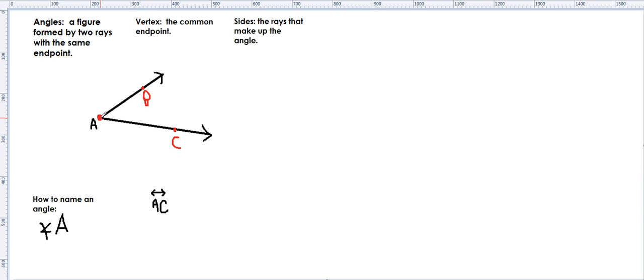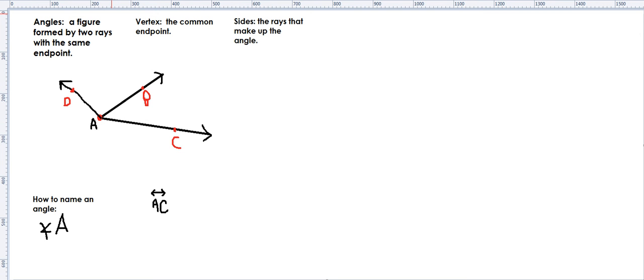But sometimes, let's say I have another ray coming out. If I call that angle A, I don't know if I'm talking about this angle right here or this angle right here. So to help distinguish that, sometimes we're going to have to put in three letters. So let's say I name this ray as ray AD. If I want to talk about angle BAD, I'm going to have to use those three letters. I'm going to use the two letters that are the sides, and then the vertex is going to be the middle letter.